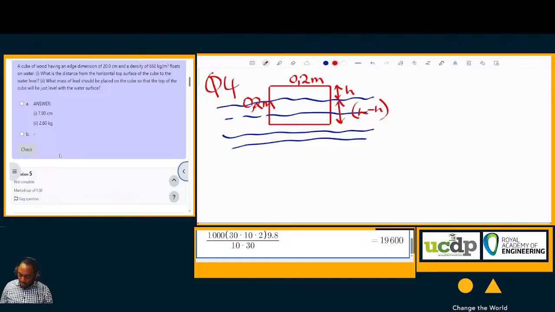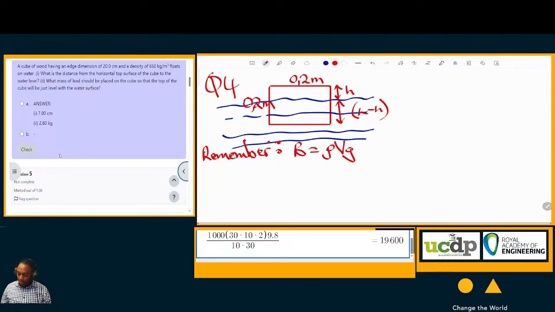So remember that your buoyancy is equal to rho Vg.